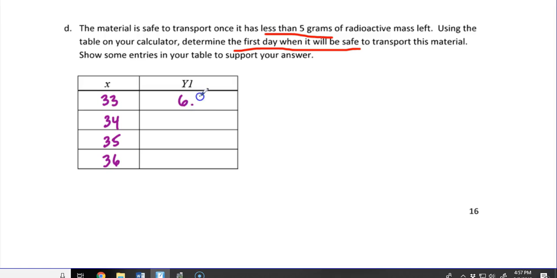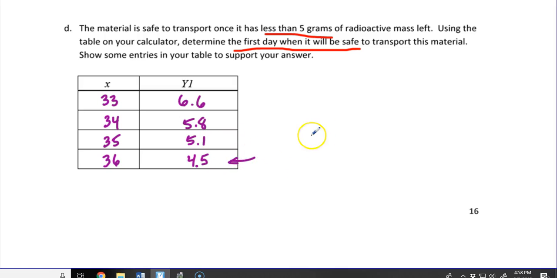I'm just going to round these to the 10th place. You might say, what gives me the right to round these to the 10th place? Well, really, I'm not interested in the y values. I'm interested in the x values, right? I wanted to know the days. So I really just need to figure out which one of these x values is going to get me under the 5 grams. 35 days, still over 5 grams, so right here.